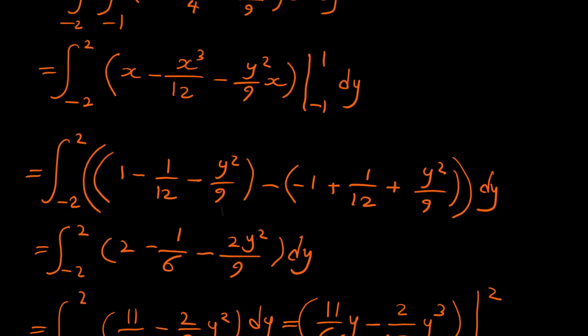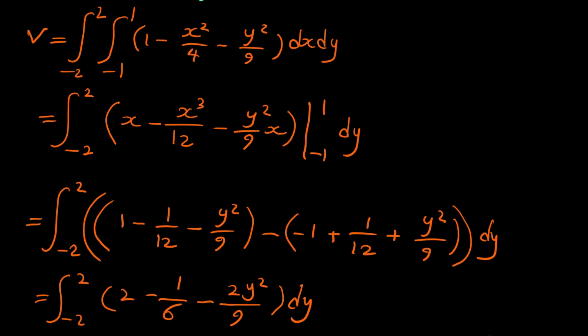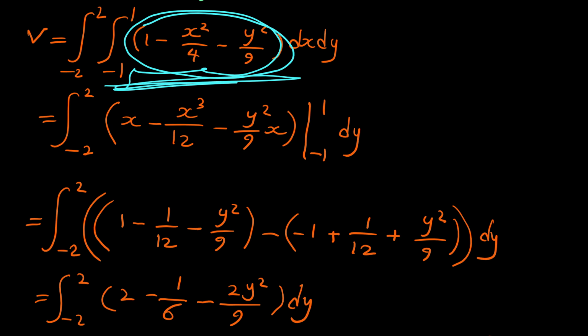Before I finish this video, let me tell you something about this calculation that we did. If you pay attention, here we want to find the integral of this function with respect to x from -1 to 1.